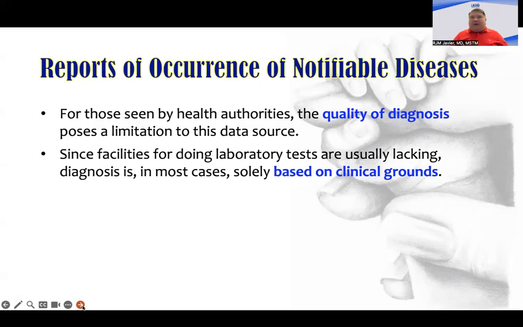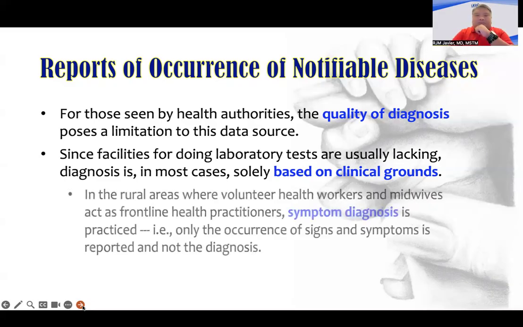So there is a difference between bacteriologically confirmed pulmonary tuberculosis versus clinically diagnosed pulmonary tuberculosis. And this is a sad reality that we see in many parts of the Philippine archipelago, in particular in your GIDAs or geographically isolated and disadvantaged areas.